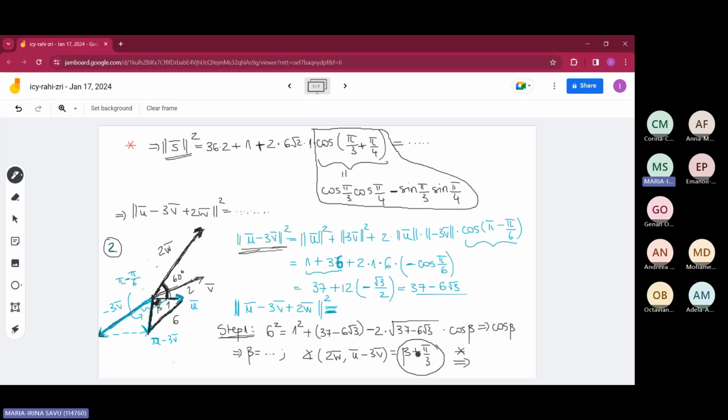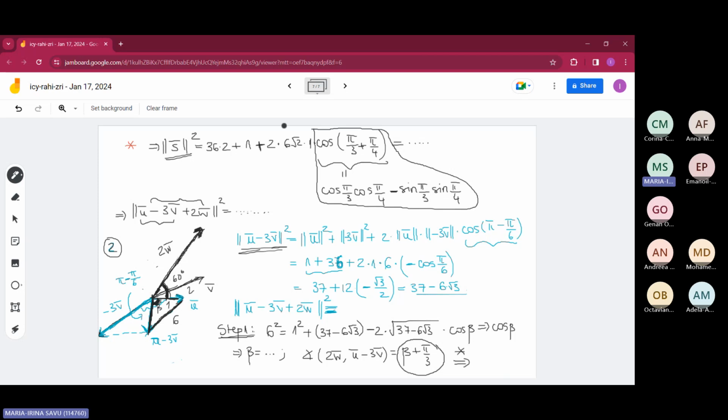If you think that it's easier, actually you can start with 2w minus 3v here to see the length of this sum, and then you take u plus this one, but in the end you will get the same result. So it doesn't matter the order. Here you may start with this one or with this one, it doesn't matter because in the end you will have the same result.